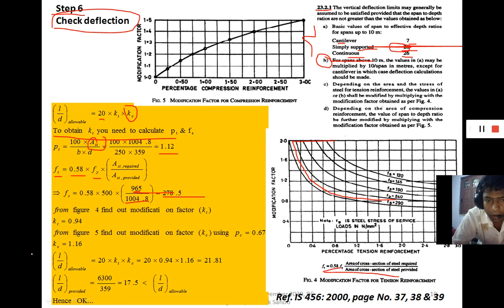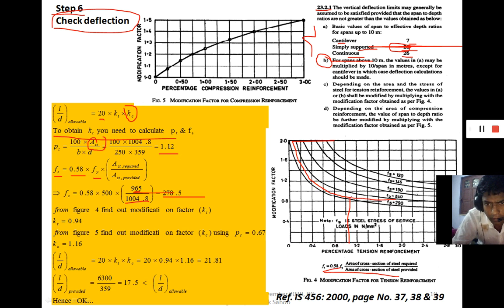Now Pt is 1.12. Here the divisions are 0.2, 0.4, 0.6, 0.8, and 1, then 1.12. So this is the point. Now we draw a vertical line which intersects this assumed curve.